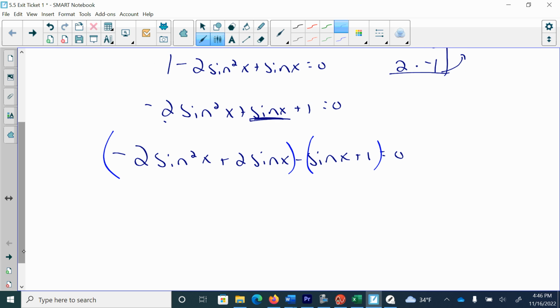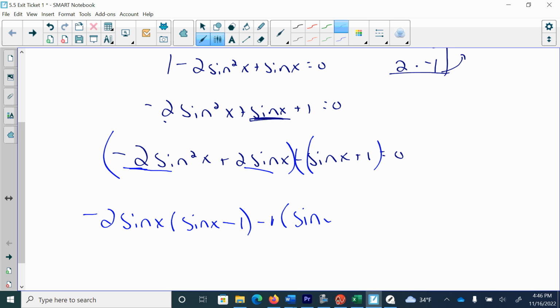So when I do that, I'm going to go ahead and factor out a negative 2 sine x, and I'm left with sine x minus 1. And then here I'm going to factor out a negative 1, and make that, yes, I should have done that, sine x minus 1 is equal to 0.